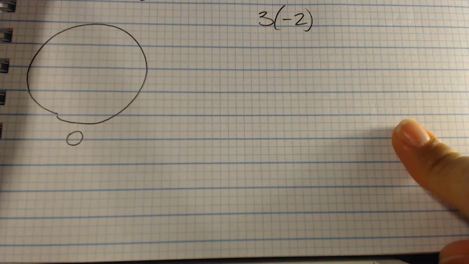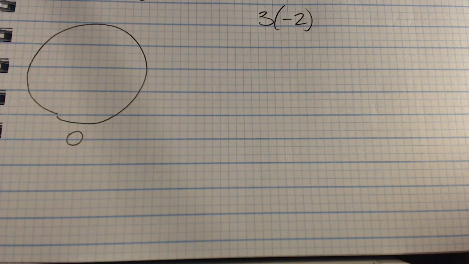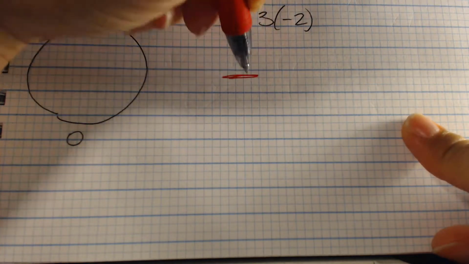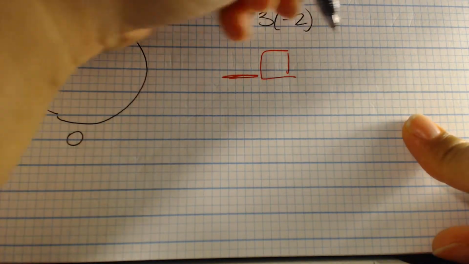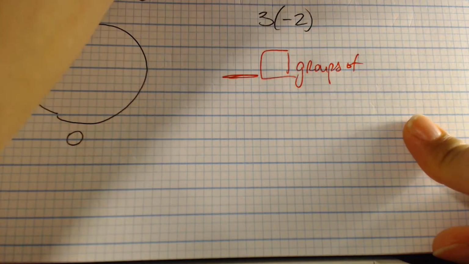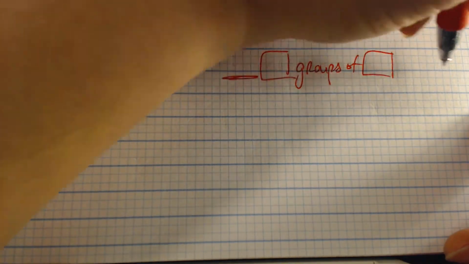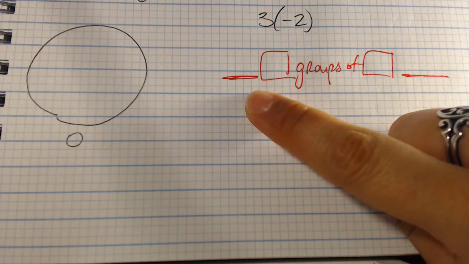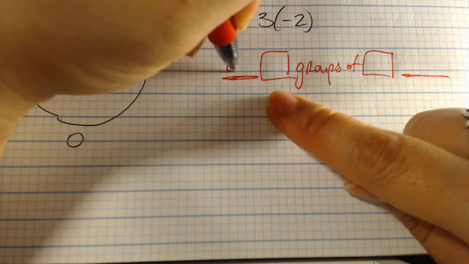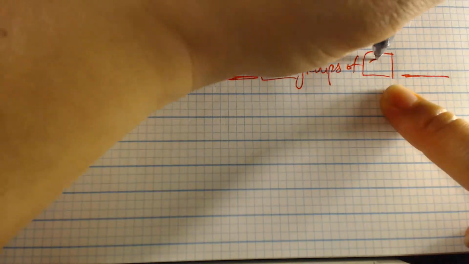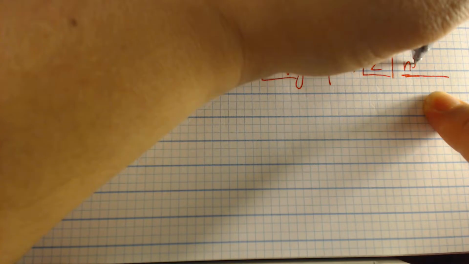If you'll remember, I had, in my red pen, blank, groups of, blank. Okay, so the first number is still positive, so we're going to be adding 3 groups of 2 negatives.